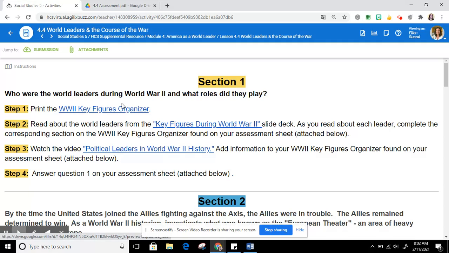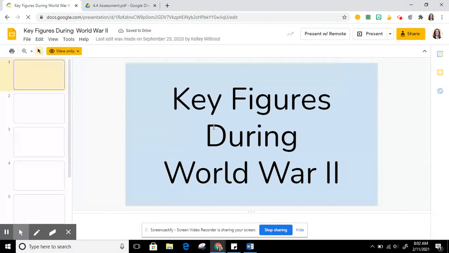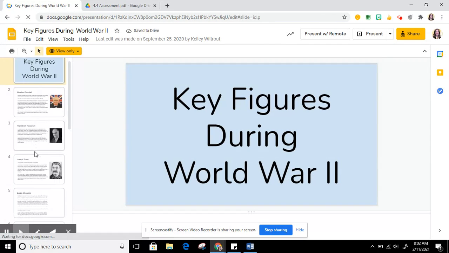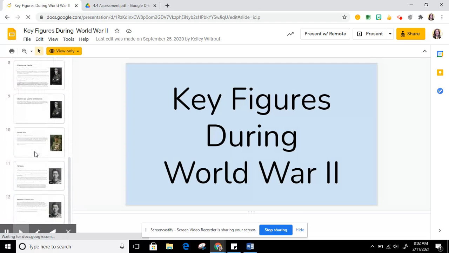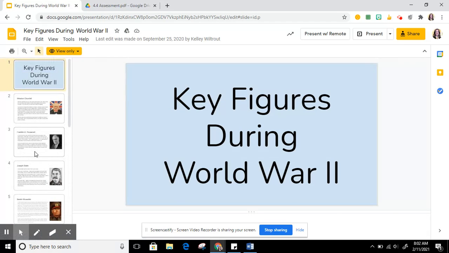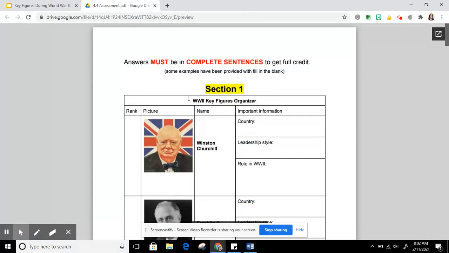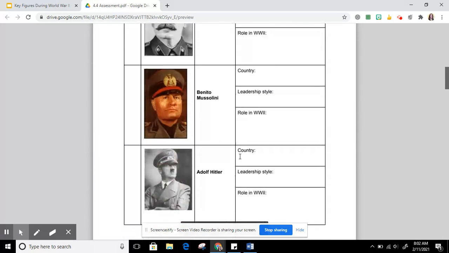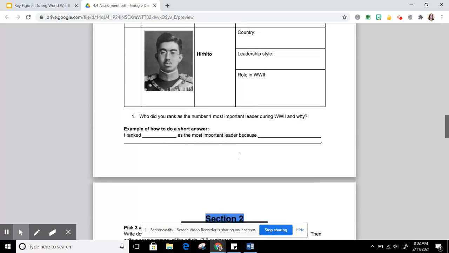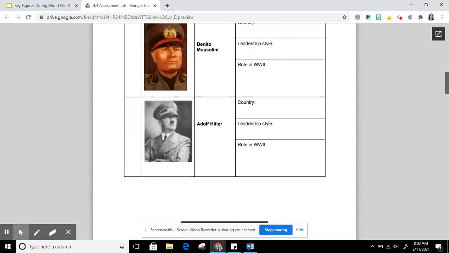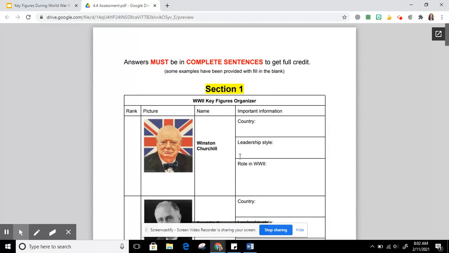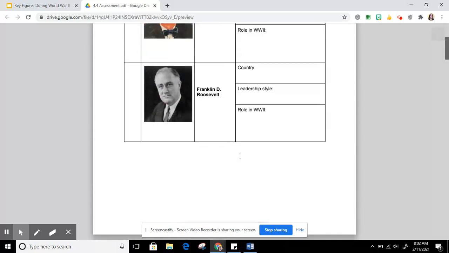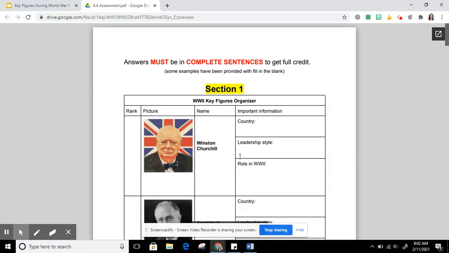As you're looking through this slide deck, which is about the different leaders that were involved in World War II, you're going to fill out this section of your assessment sheet. So it's the first 3 pages, and each of the leaders are on these 3 pages. You've got Winston Churchill, Franklin D. Roosevelt, and so on.